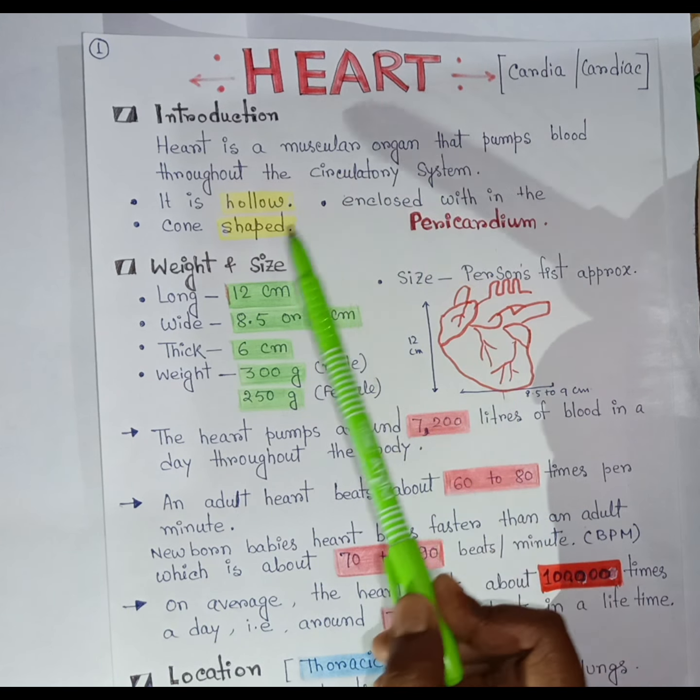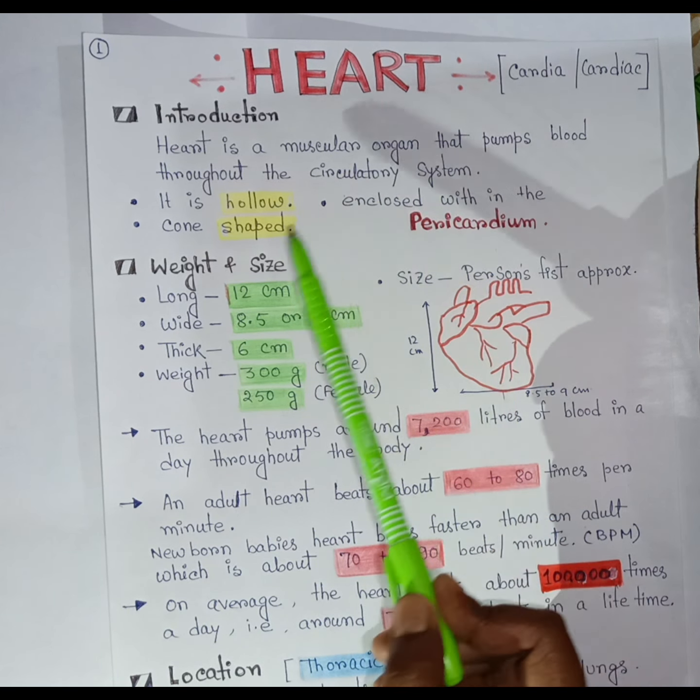This is called tricuspid valve, and it prevents backflow of blood into RA. And second similar valve is present between LA and LV, left atrium and left ventricle. It is called mitral valve or bicuspid valve.